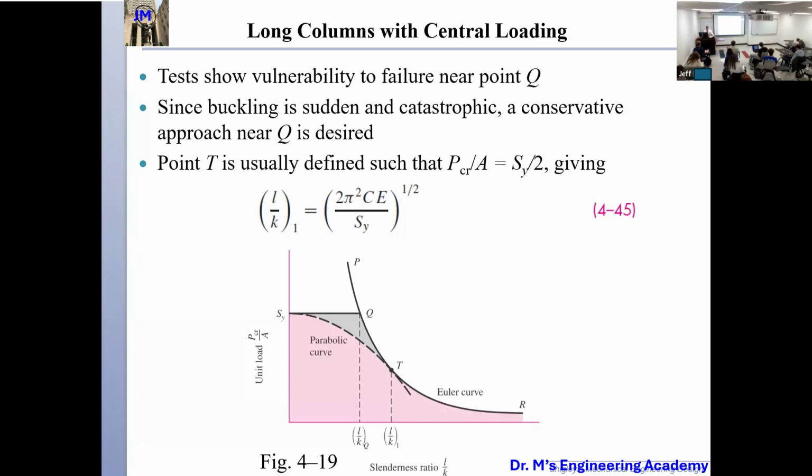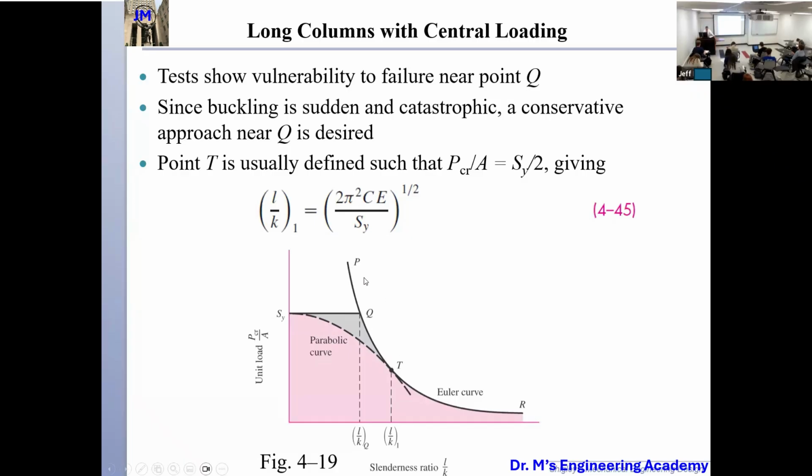Okay. So as I said, this is the Euler curve, but the rationale here is that this phenomenon, buckling, is very catastrophic in nature. So we will be conservative, and we will use this dotted curve instead of this one.